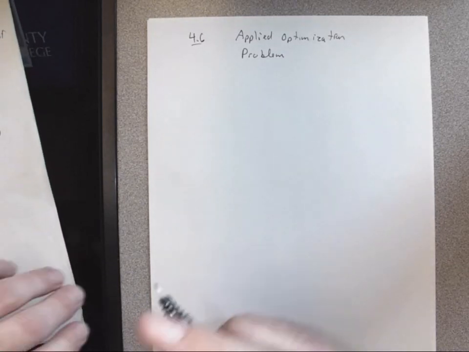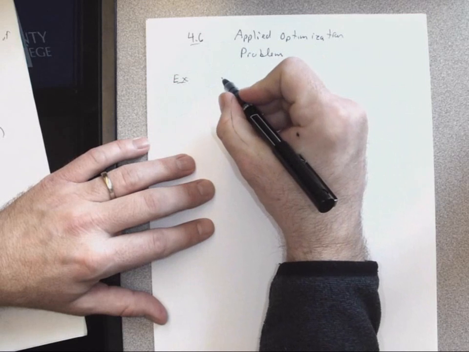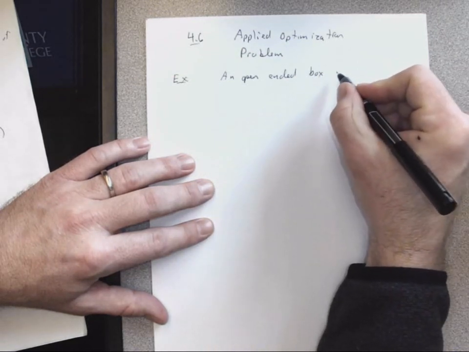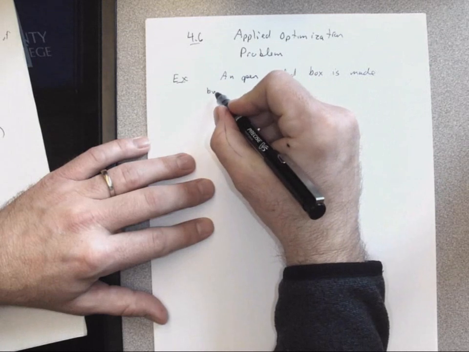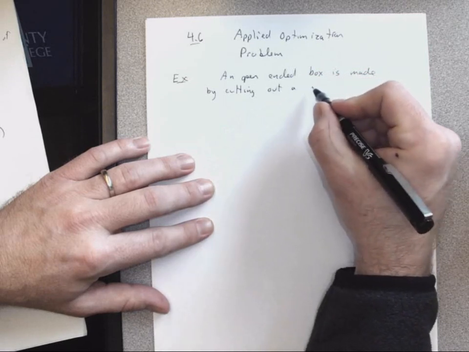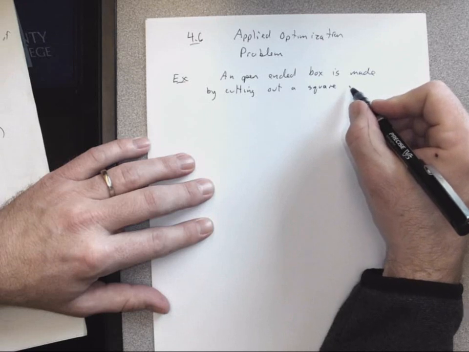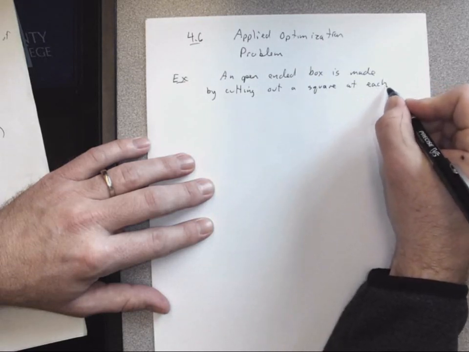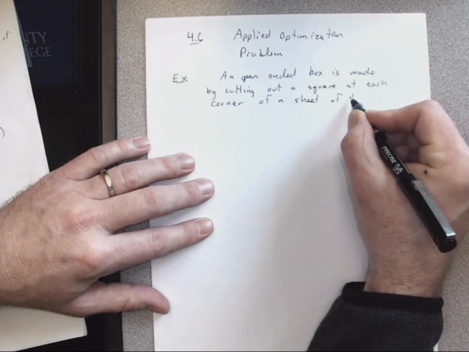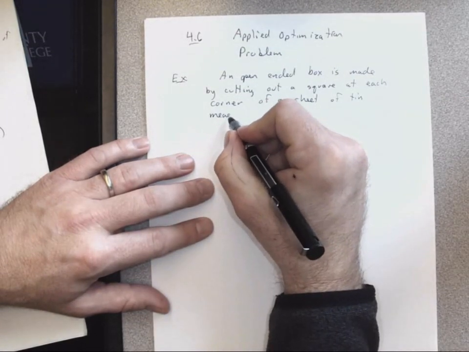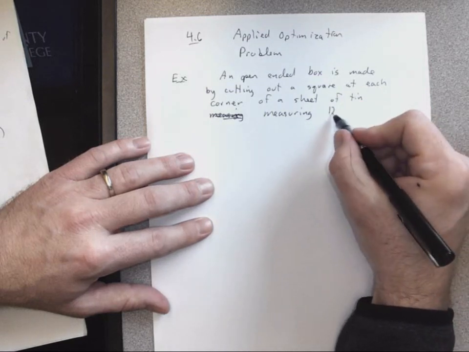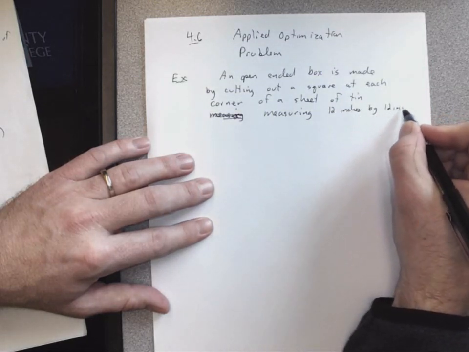So, example one. An open-ended box is made by cutting out a square at each corner of a sheet of tin measuring 12 inches by 12 inches.